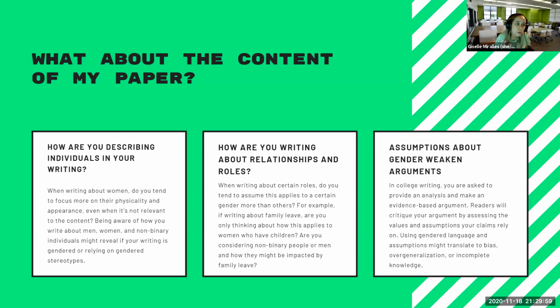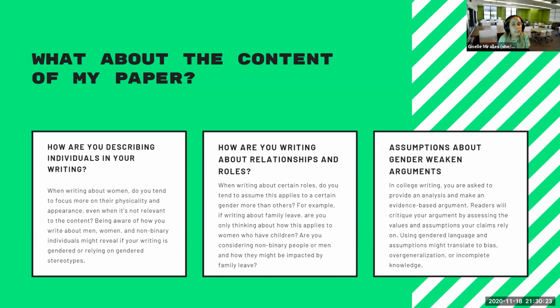Being aware of how you write about men and women and non binary individuals might reveal if your writing is gendered or relying on gendered stereotypes. So just ask yourself, are you writing about people in a way that's stereotypical based on their gender? That's one thing that you can ask whenever writing an essay.